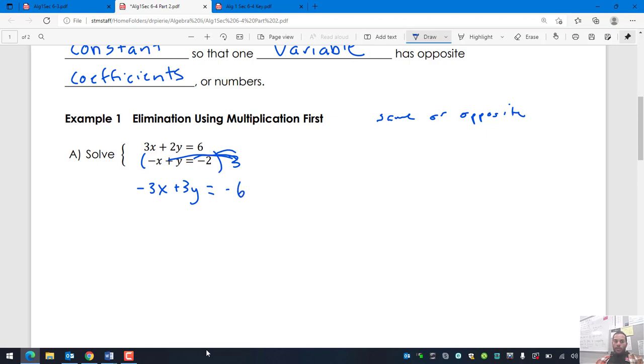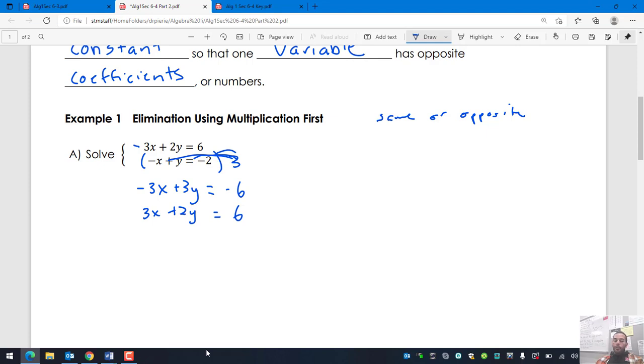Okay, so what I've done is I've changed this -1x into a -3x by multiplying the entire equation by 3. And when I compare it to the original top equation, 3x plus 2y is equal to 6, what I notice now is that I have actually opposite coefficients. So I'm able to eliminate my x's now.